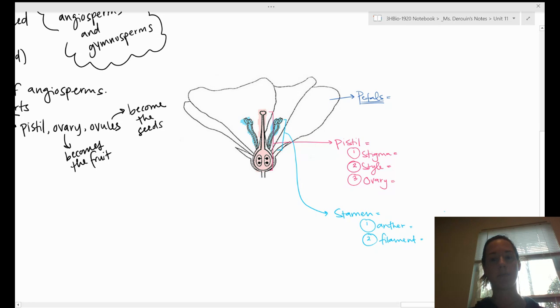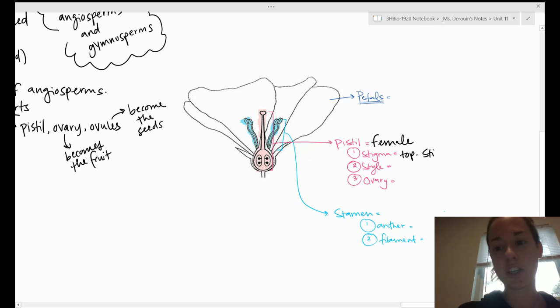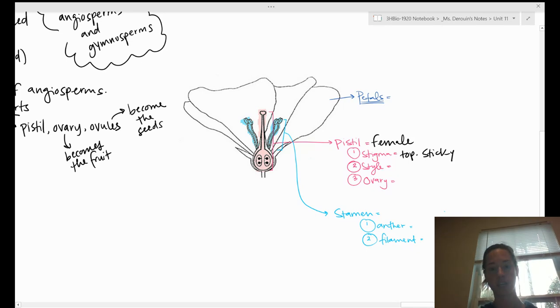The pistil has three parts. This is the female part. The stigma is the top, and it's actually sticky, so that when an insect comes and brushes against it, the pollen the insect is carrying will stick to the stigma.